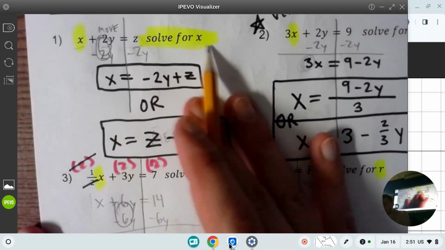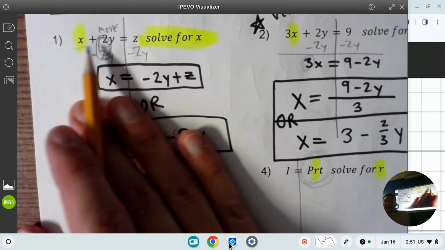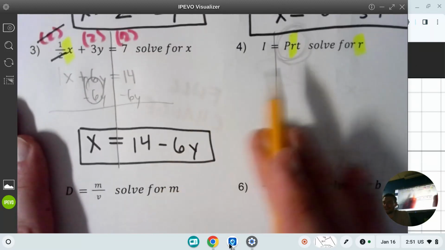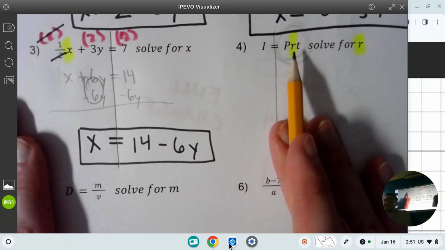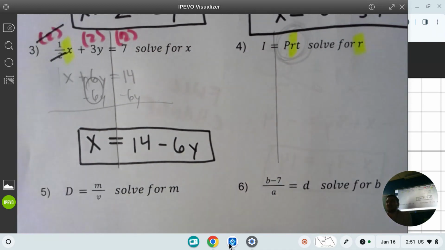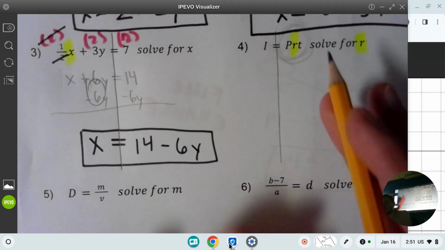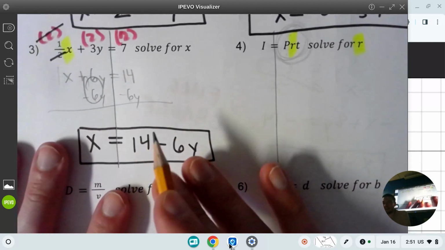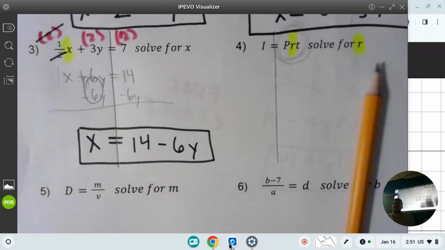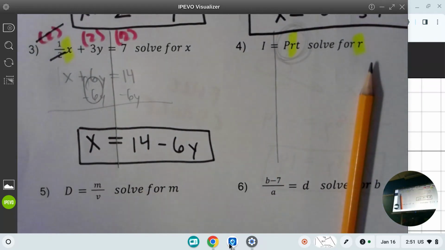So when it says solve for x, we leave the x and we move everything else. Because this R is on the wrong side, you don't really want to try moving the R to the other side. Because if we move this R, we got to move that R using divide. When we move that R using divide, we end up with the R on the bottom.